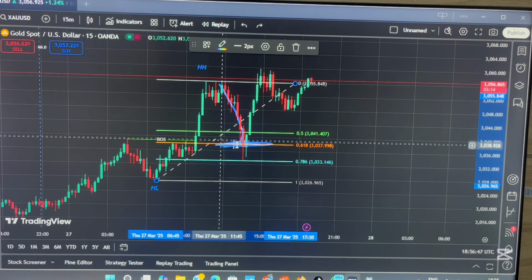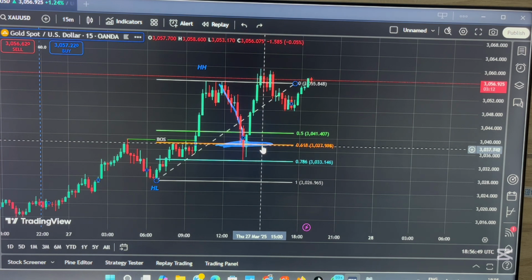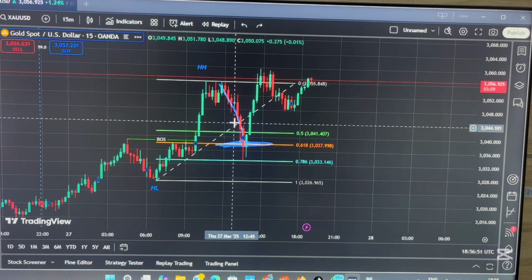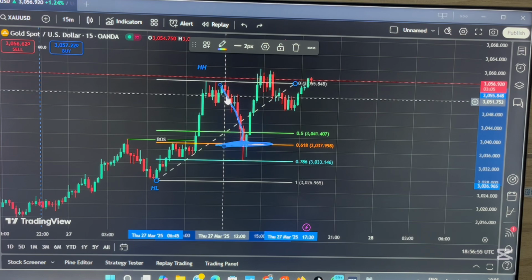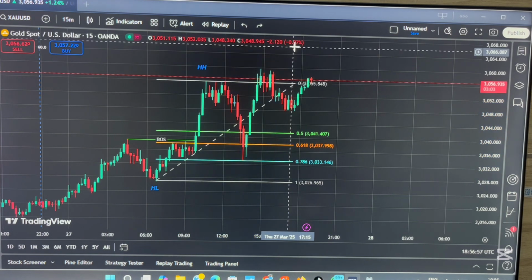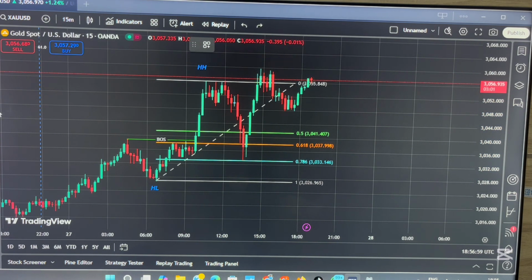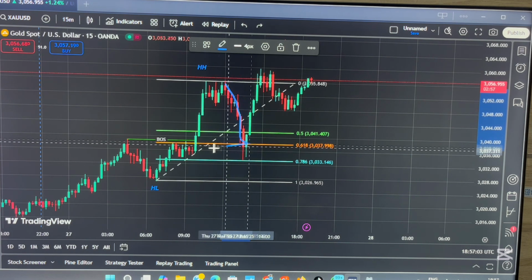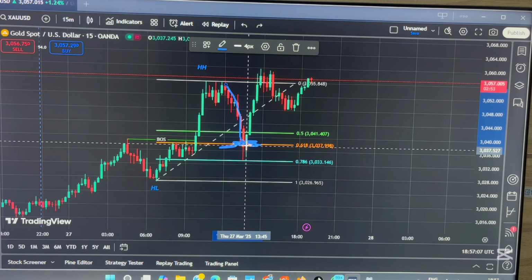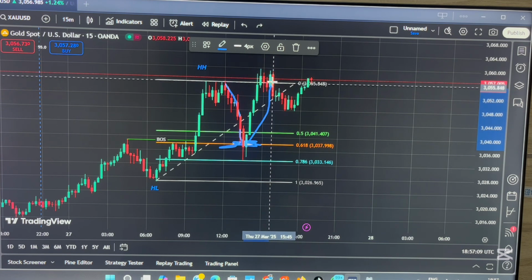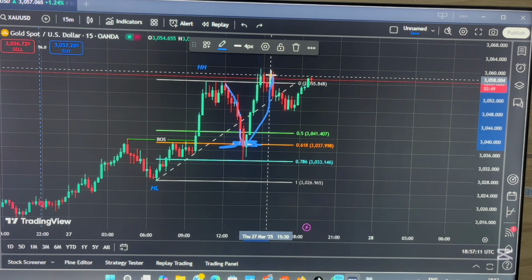Yes, you observe that the market came all the way down to our 0.618 area before hitting the high again.